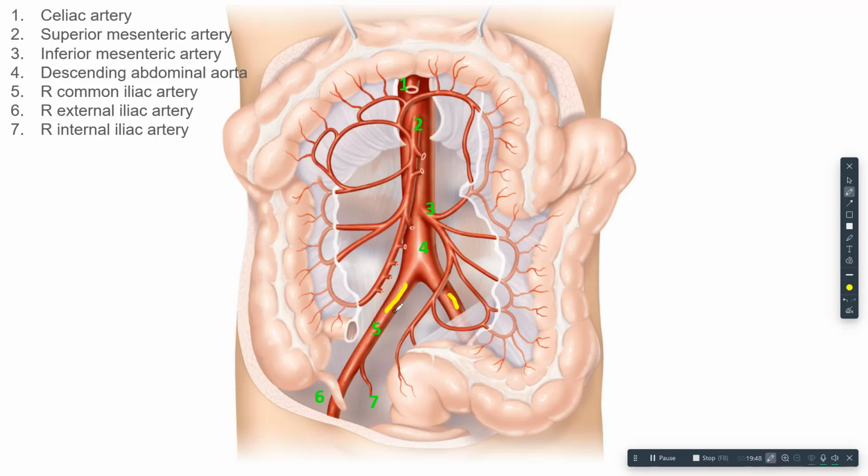The word common tells me it is going to split, and I get a little internal iliac artery, which is going to go to structures like the urinary bladder, the uterus, the vagina, the rectum. And then if there's an internal iliac artery, hey, no surprise, there's going to be an external iliac artery, which we're going to follow where that guy goes in a moment. So let's go ahead and do that.